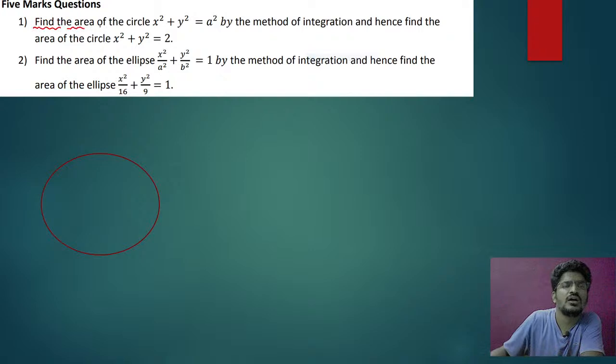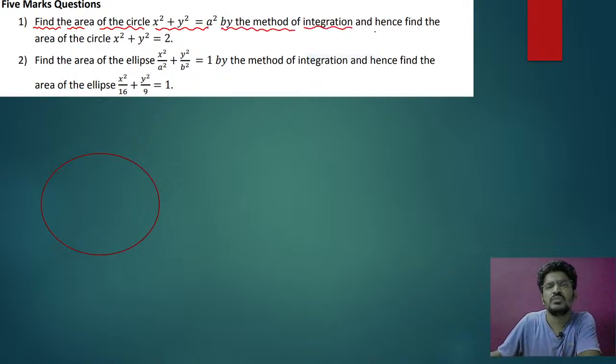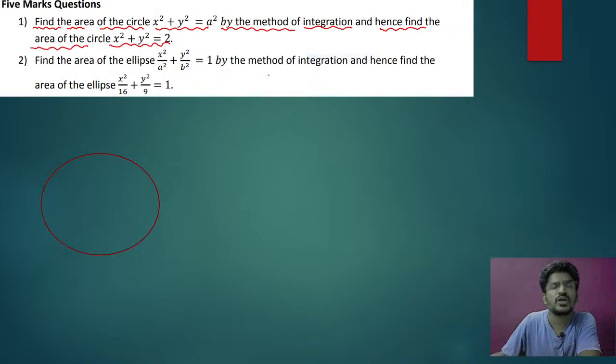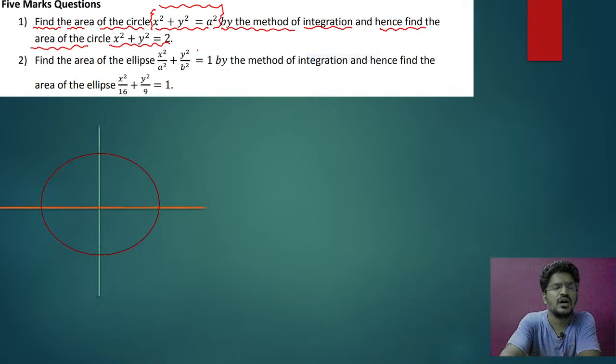Find the area of the circle x square plus y square equal to a square by the method of integration, and hence the area of the circle x square plus y square equal to 2. Here x square plus y square equal to a square means this is the circle drawn with the center at origin. You can see the diagram where the x-axis, y-axis and circle are drawn with center at origin.